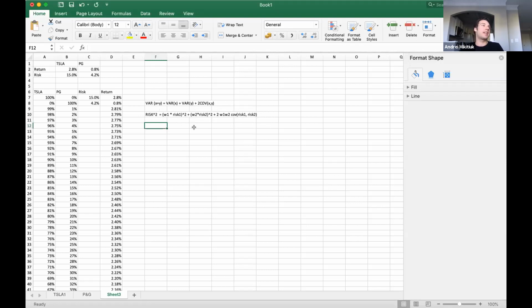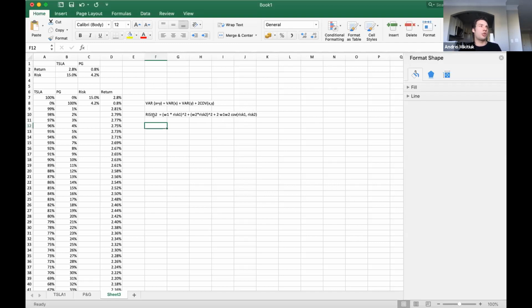That might not seem absolutely straightforward, but I hope that at least makes some intuitive sense. We're taking the proportion of one risk, squaring it, the proportion of the second risk, with the same proportions as the stocks have in the portfolio, and we have this weird double-weighted covariance.